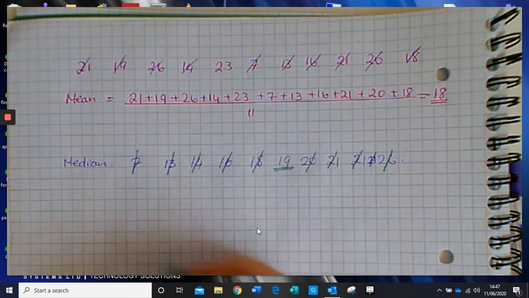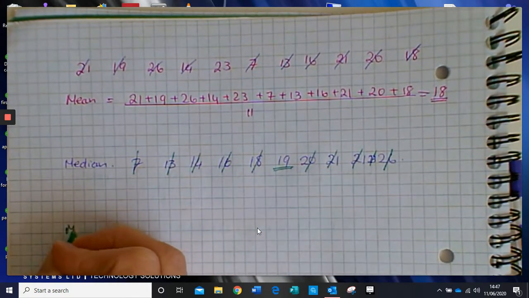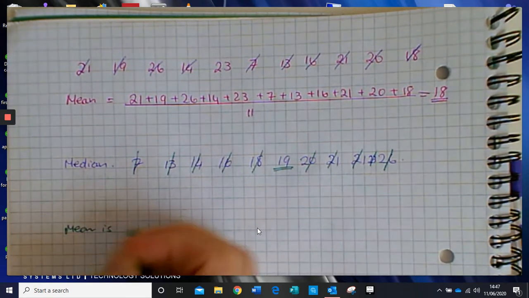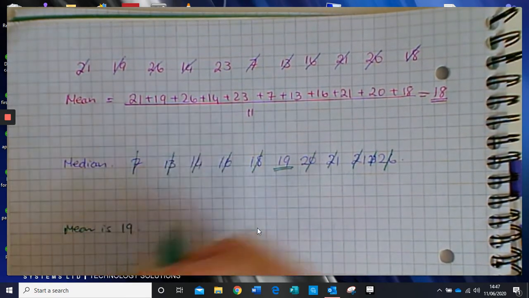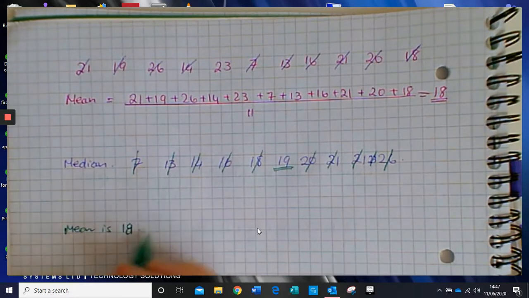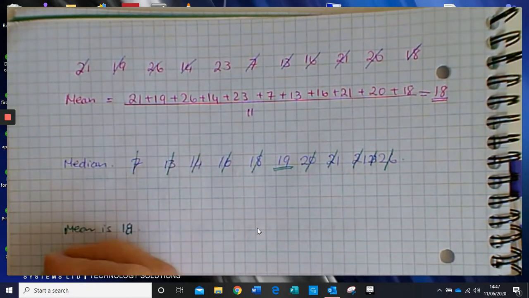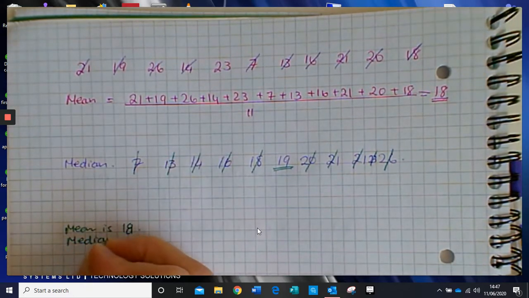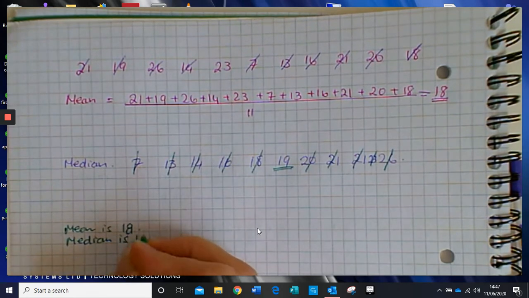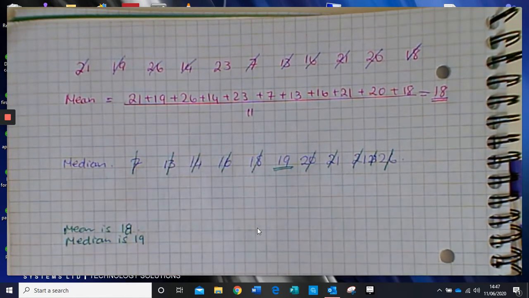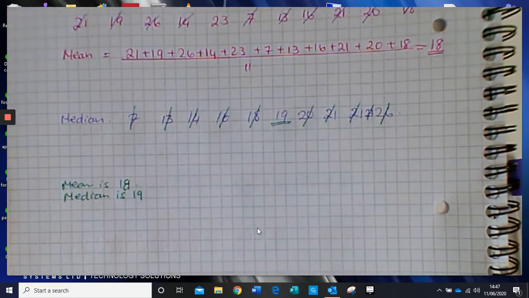This time there's only one. So our mean is 19. Oh, no it isn't, it's 18. That's the mean. The median is 19.